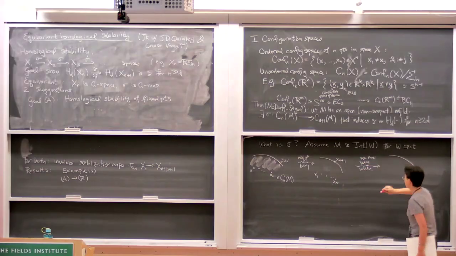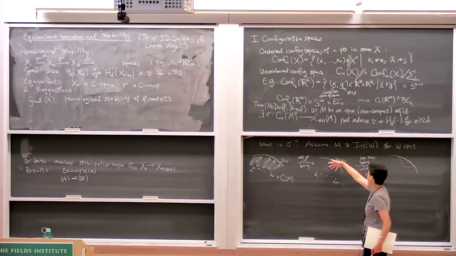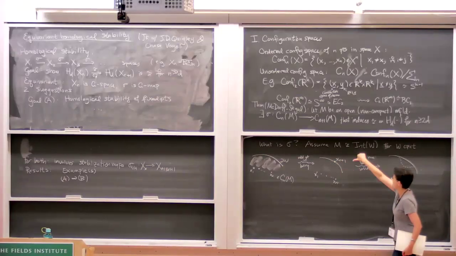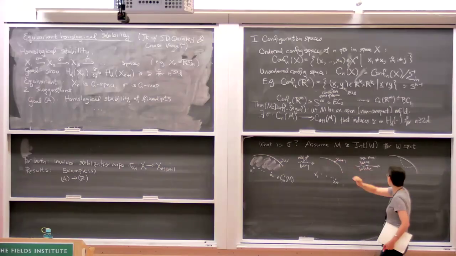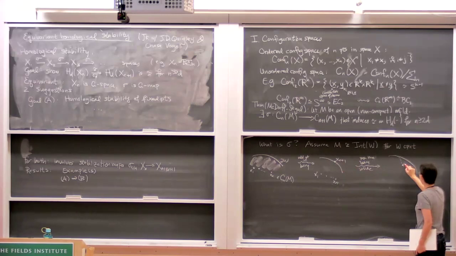So here's the original boundary. I'm going to imagine pushing it. The dotted line is the image of the old boundary, so I'm imagining pushing like this. And so here is this x_{n+1} that's been pushed in. I'm going to call that x prime n plus 1.